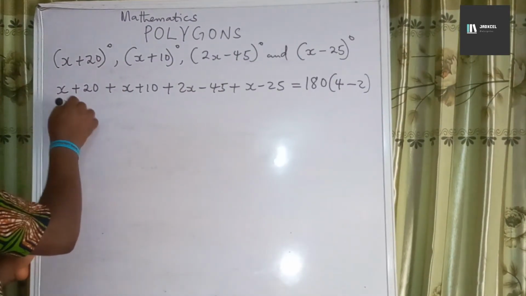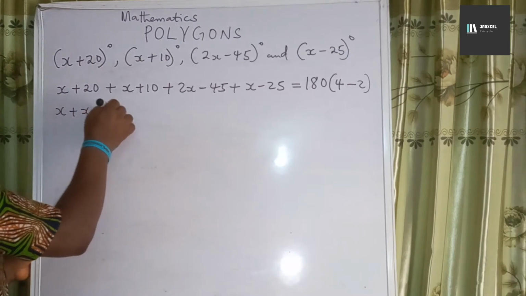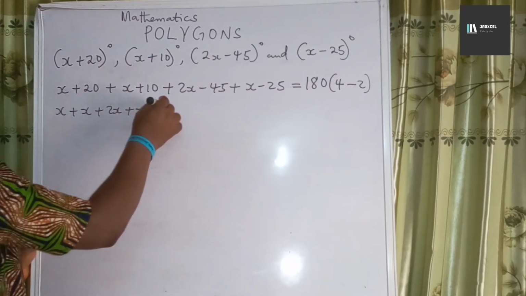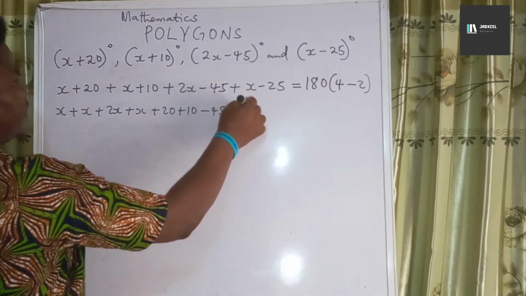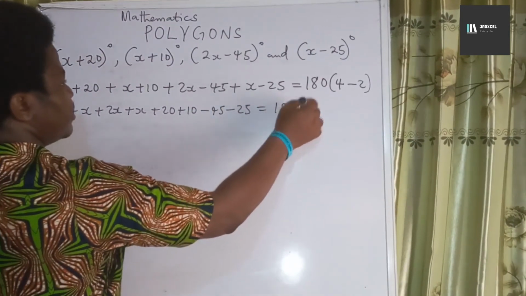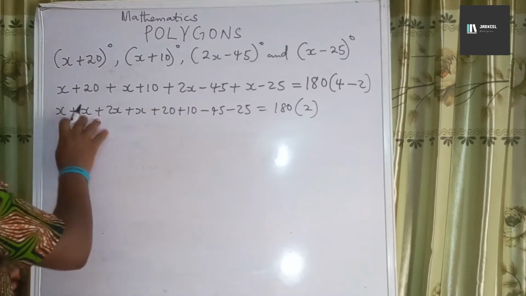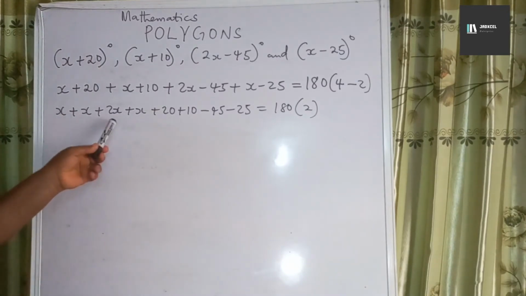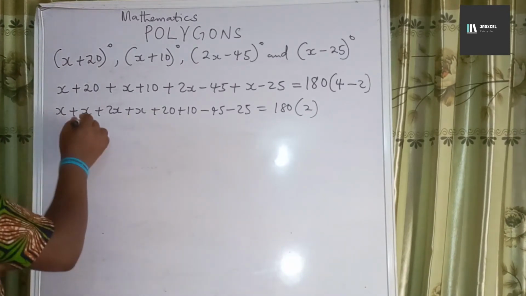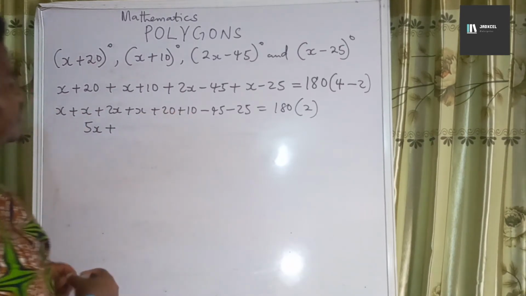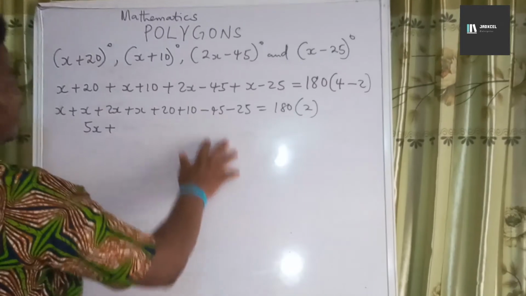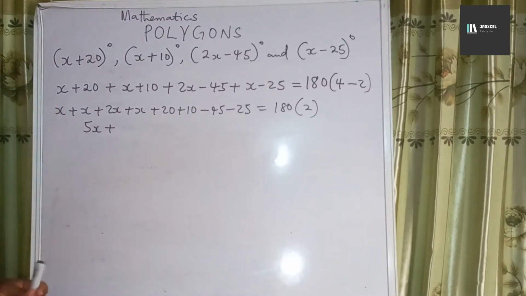So collecting our like terms, we can have something like this: x plus x plus 2x plus x, plus 20 plus 10 minus 45 minus 25 equals 180 into 2. So x plus x, 2x plus 2x, 4x plus x, 5x. Plus 20 plus 10, 30. 30 minus 45 is minus 15.